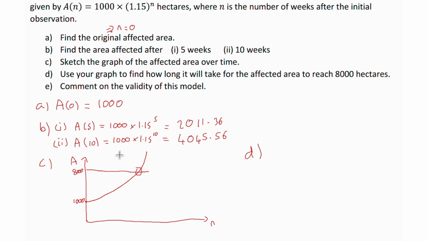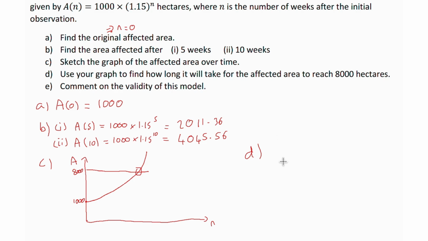And the second graph we're going to draw is 8,000. And then we're going to change our view window to be able to see the graph that we want to see.